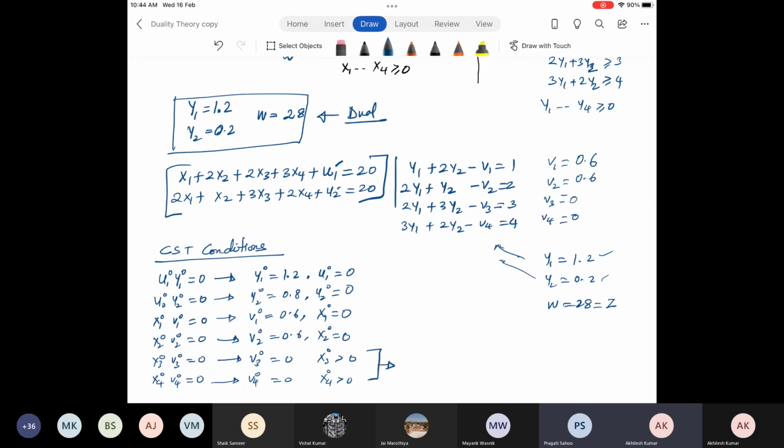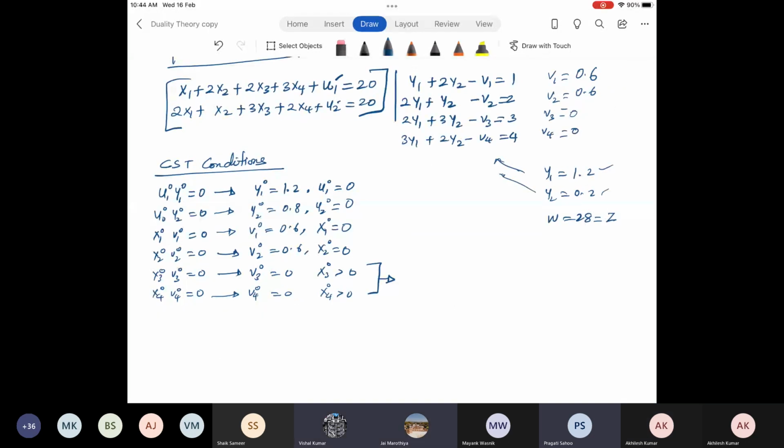How do I find x3 and x4? Any ideas? We have two equations from the primal. We already know x1 and x2 are zeros, so we are left with just these two. We know x1 equals 0, x2 equals 0, u1 equals 0, u2 equals 0.